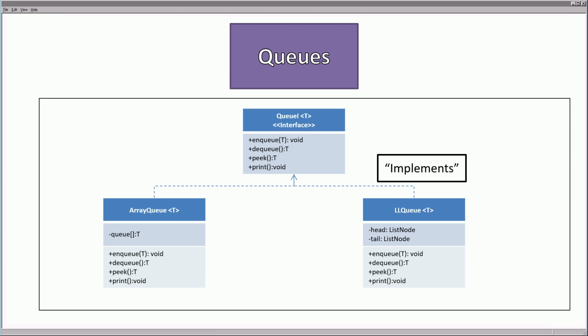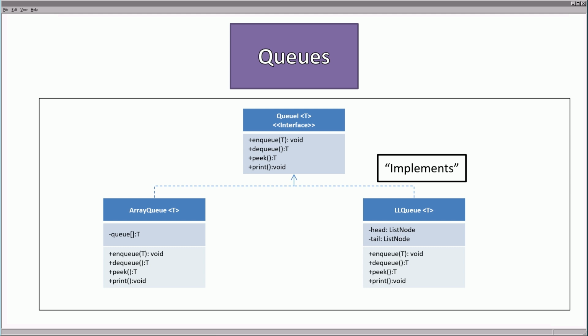It can be implemented in a lot of different ways. But the main idea is that all queues will have the actions enqueue, dequeue, and we're also going to add in peek and print. As one thing can be implemented in multiple different ways, this is the idea of polymorphism.